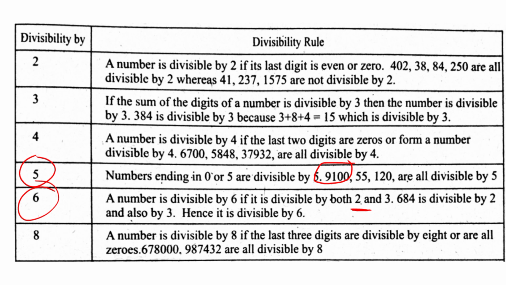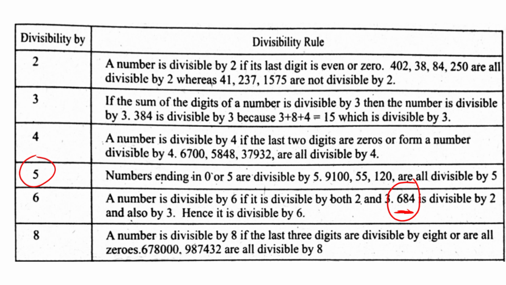For 3, the addition of the digits in that number should be divisible by 3 completely. So here, if this number 684 is divisible by 2 and 3, then it is divisible by 6. We can see the last digit of this number is 4, so we can say the number is divisible by 2.